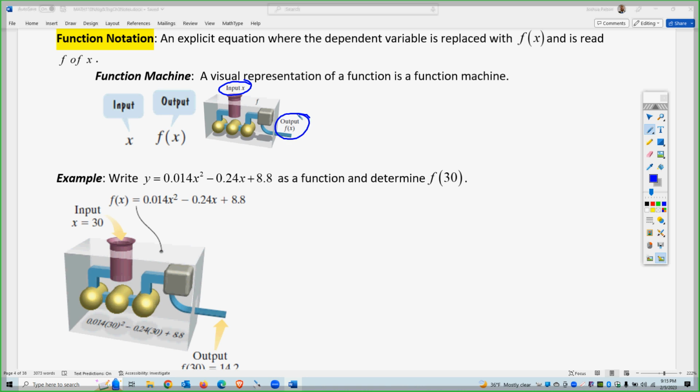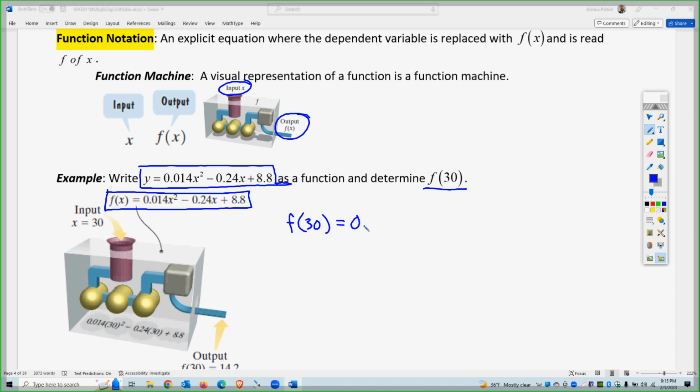Okay. All right. So I can write this equation in terms of y, or I can write it in terms of f of x. Okay, so let's say I'm plugging in 30, right? So 30 is my x value. So f of 30 equals 0.014 times 30 squared, minus 0.24 times 30, plus 8.8.